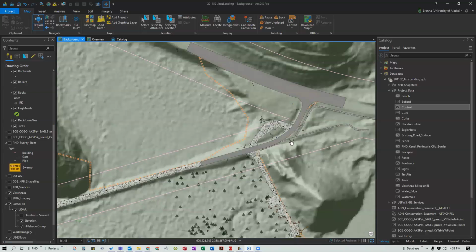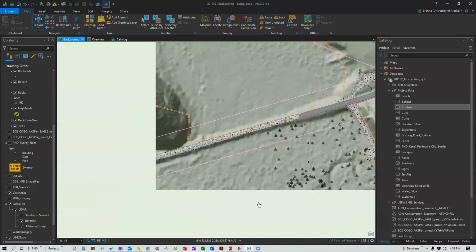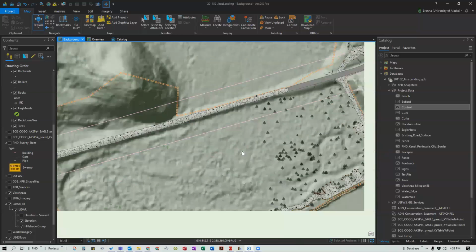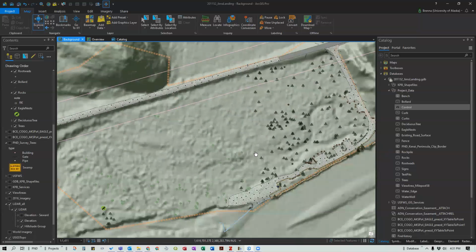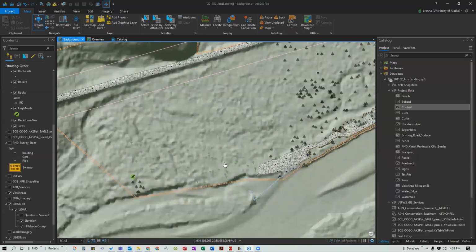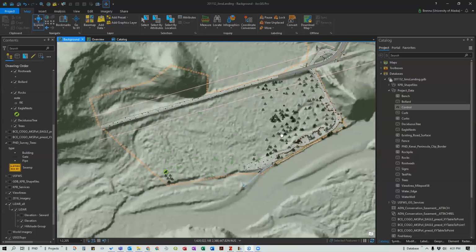But I'm still not going to trust this information over my surveyed information, which I'm not showing, the elevation data that they collected. But if I had a need to do assessment of elevation, if I was trying to understand stream flow through these areas, I would emphasize their data over even this LiDAR data set.